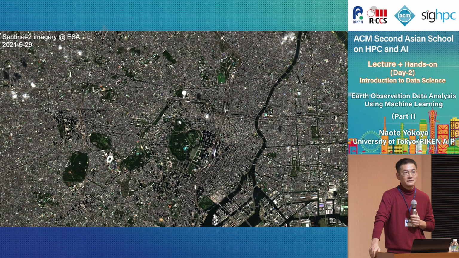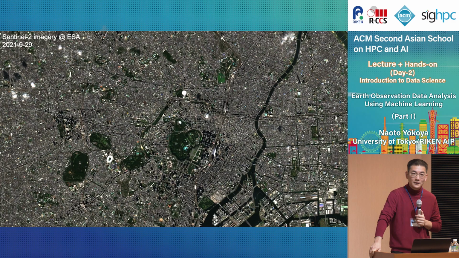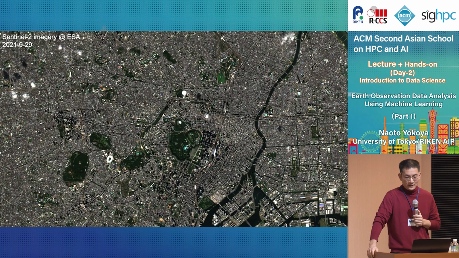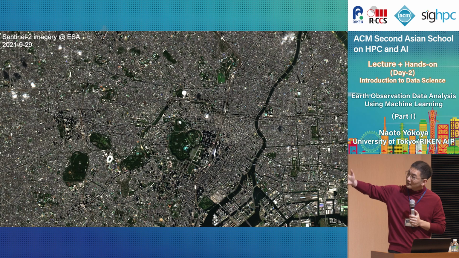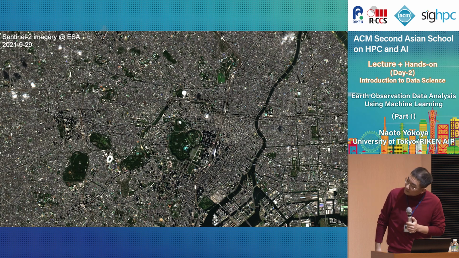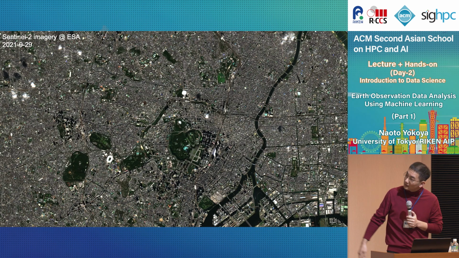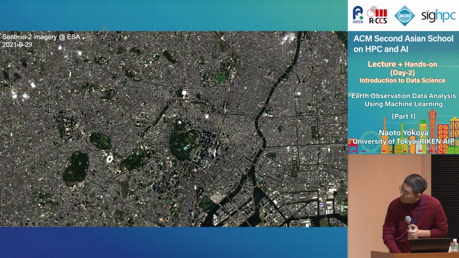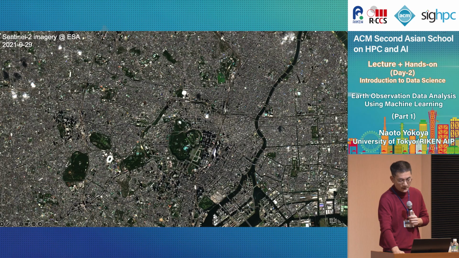So you can download data, analyze it, and check out what's happening in the area where you are living. This is an example taken over Tokyo, and every single pixel is 10 meters in size.